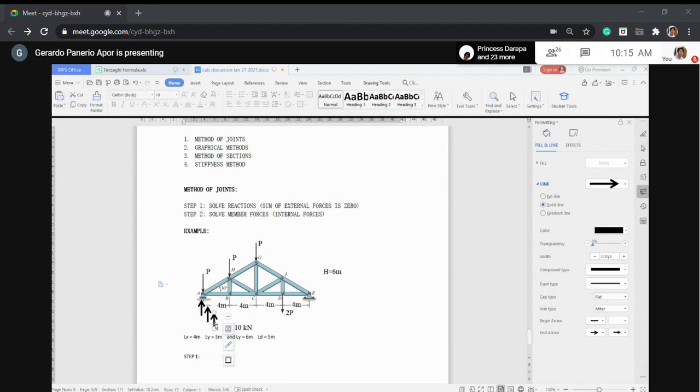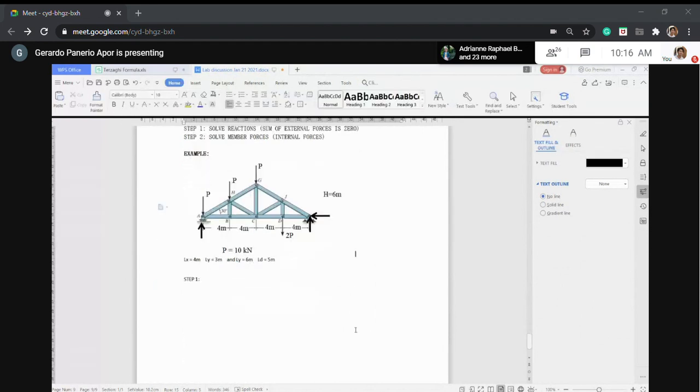On the other side, this is a roller support, so it can support vertical as well as horizontal. So that's the assumed direction.